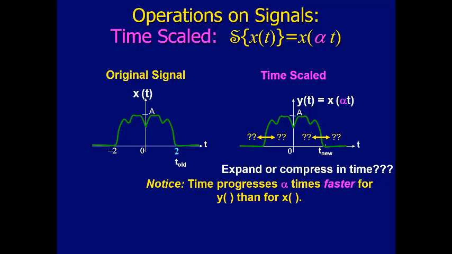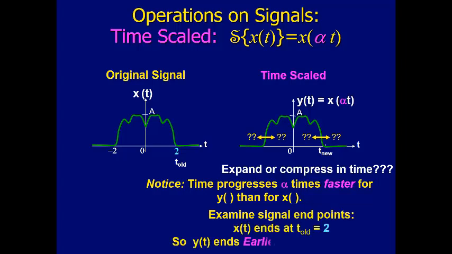One thing we can notice is that in our new function y of t, the time argument is progressing alpha times faster than it was in the x of t function. So if time is happening faster, we're making more progress for less progression along the time axis. That makes it sound like we're going to be compressing the waveform. We're going to be squeezing it in.